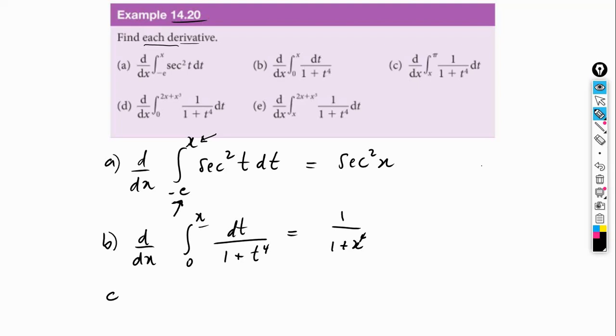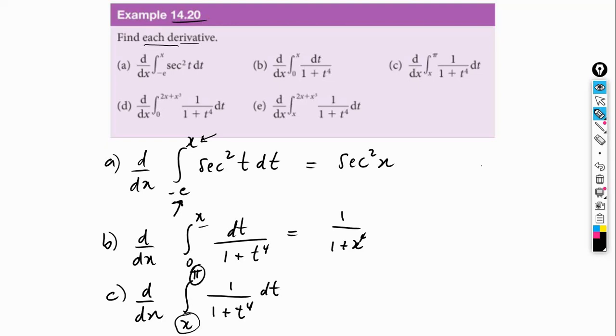So for c, notice that they also ask us for the derivative, but in this case, the integral has a lower boundary of x and an upper boundary of pi, and this is 1 over 1 plus t to the 4 dt. So what we need to do is switch this and this.